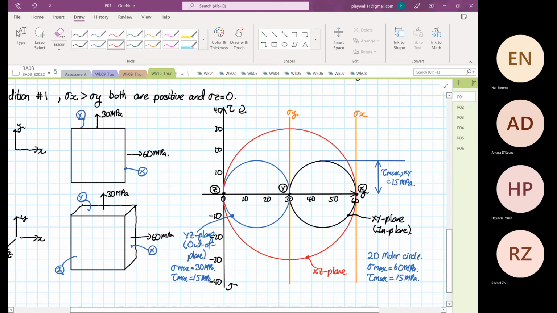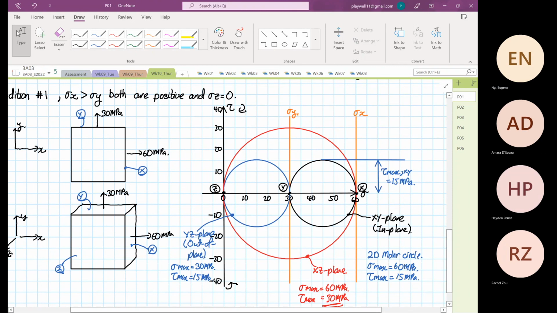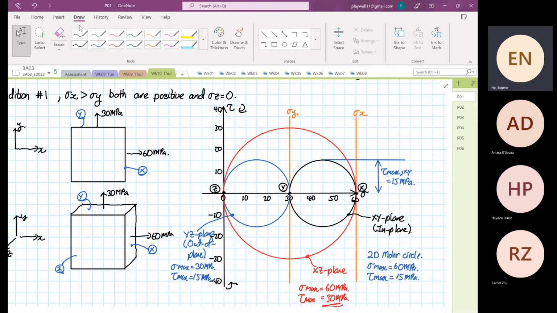Okay. And what you realize about the XZ plane, okay, the stress max is still what, 60 megapascal, but your tau max is now equal to what? 30 megapascal, the largest.